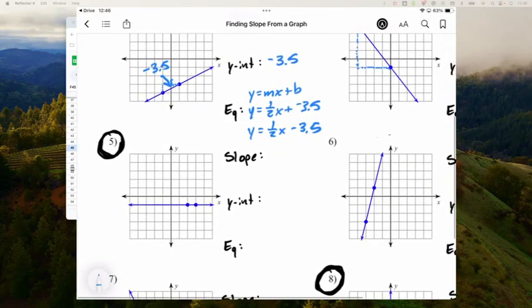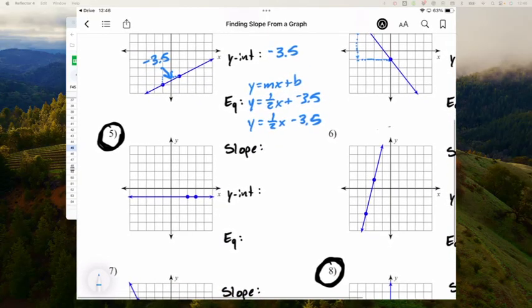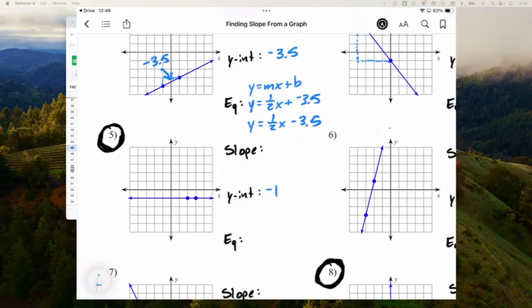Number 5 is an odd one, and I circled it because we are going to have a different conversation about this. The y-intercept is -1, and the slope doesn't go up or down at all, so that is a slope of 0. The equation for this one looks a little weird: y equals mx plus b, so y equals 0x plus the -1.